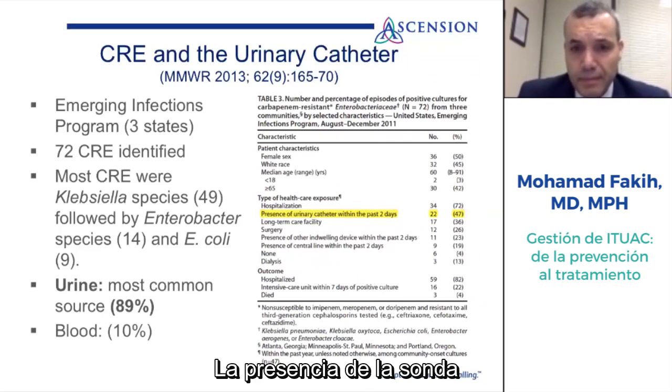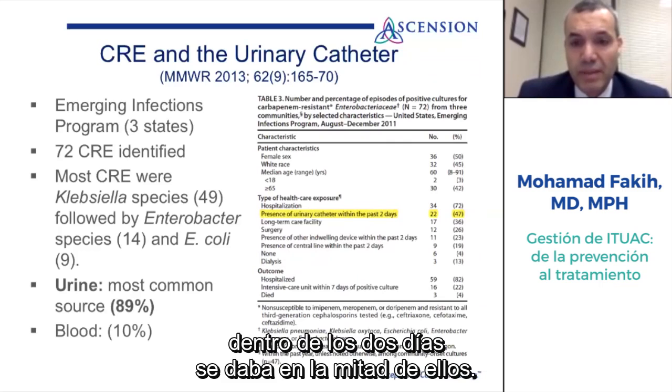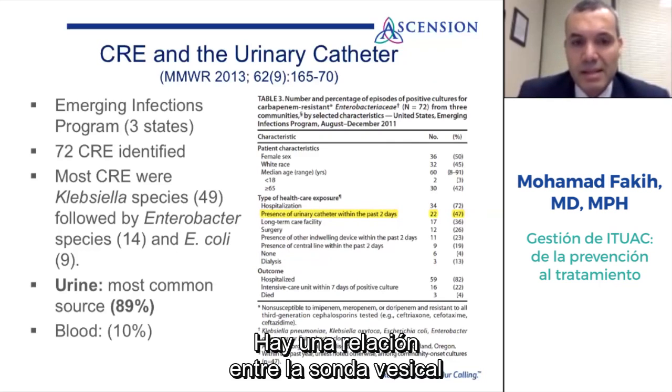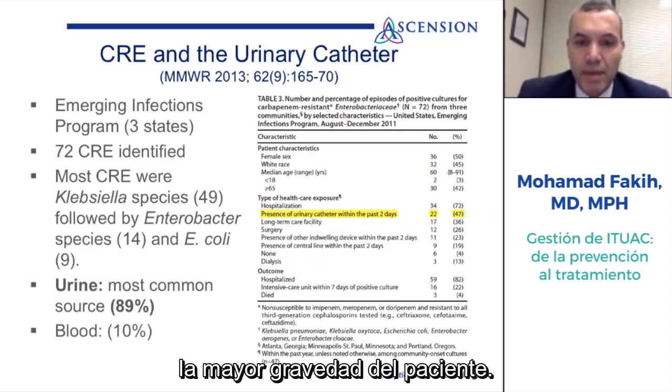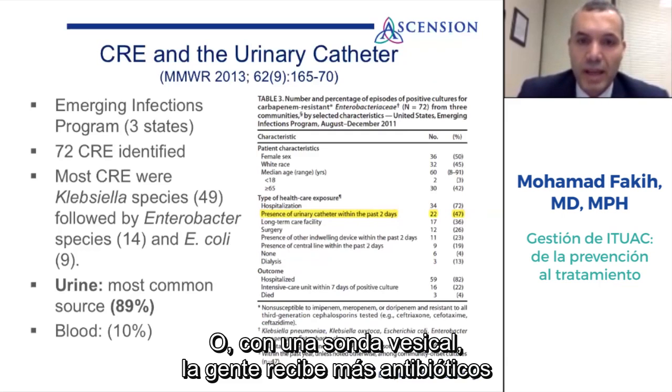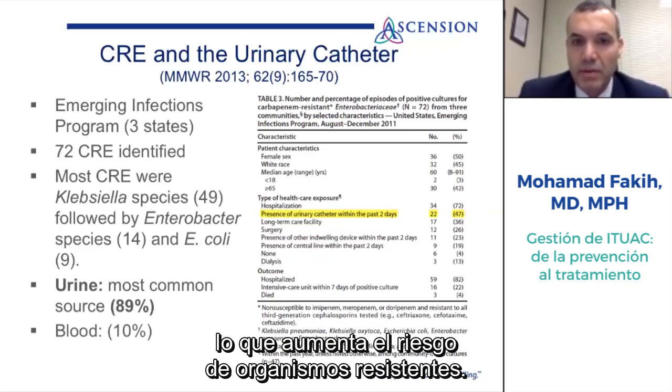And the presence of a urinary catheter within the past 2 days was about half of them. So there's an association between the urinary catheter and resistance. It may be a reflection of sicker patients, or maybe when you have the urinary catheter, people are getting way more antibiotics for asymptomatic bacteriuria, increasing their risk for resistant organisms.